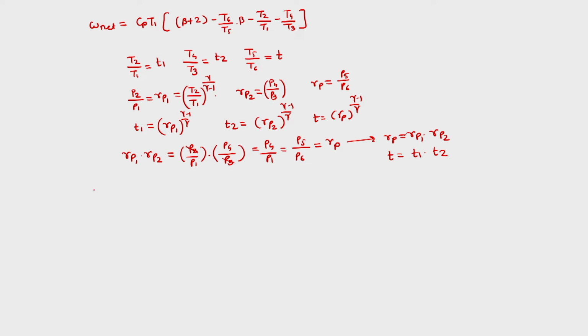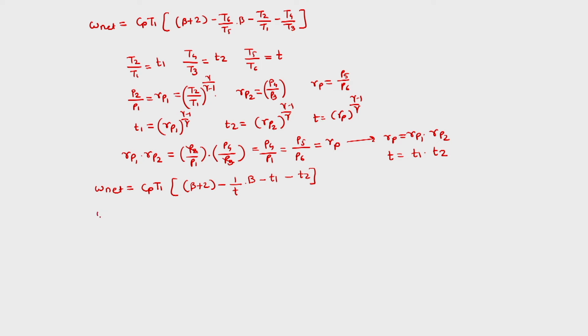So we can do the same thing here. W net is equal to Cp T1 beta plus 2 minus T6 by T5, which we said was 1 upon T into beta, minus T2 by T1, which is T1, minus T4 by T3, which is T2.